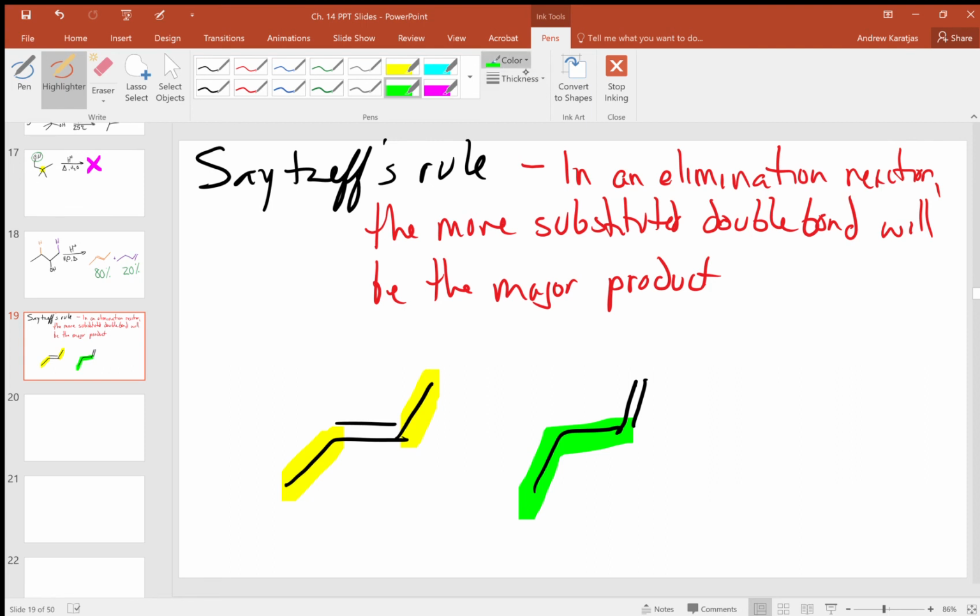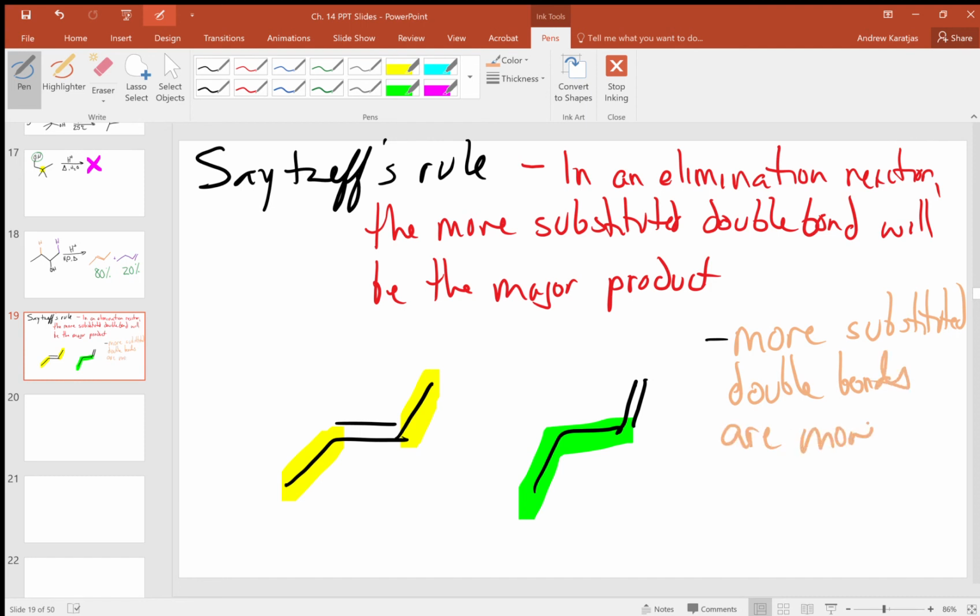Why is it that more substituted double bonds are preferred? Well, in general, more substituted double bonds are more stable.